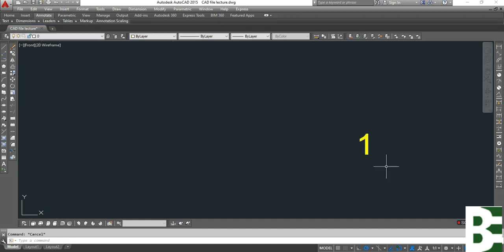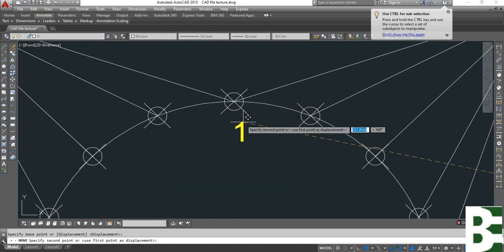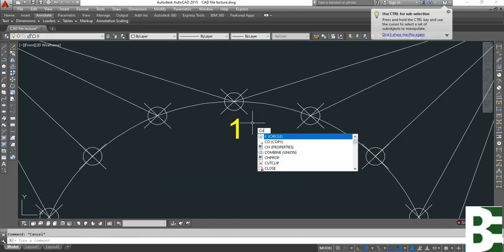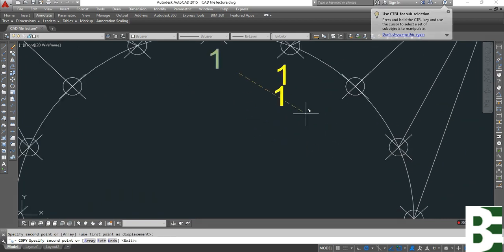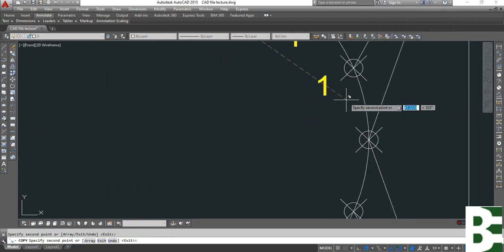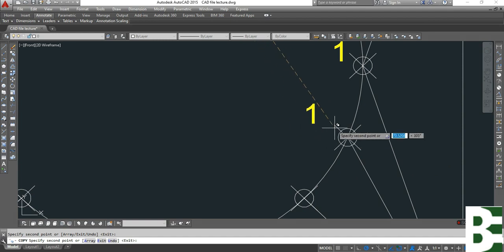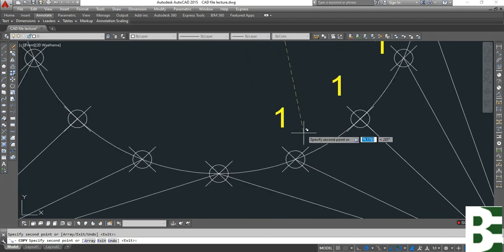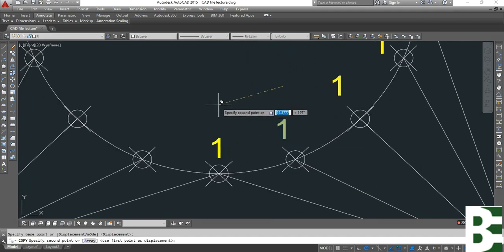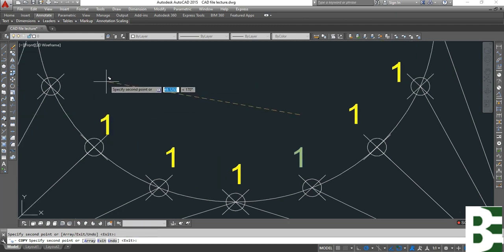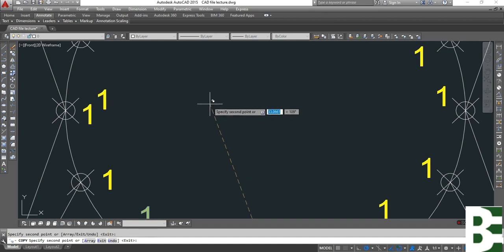Now I will mark all divisions with numbers. This one is my number 1, this number 2, number 3. You can mark them either clockwise or anti-clockwise, it's up to you, but you need to remember.